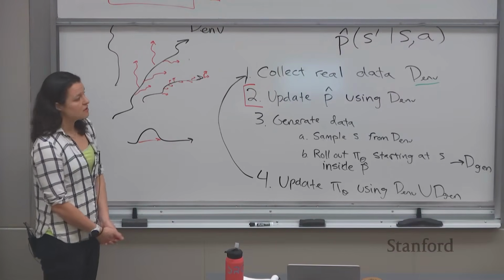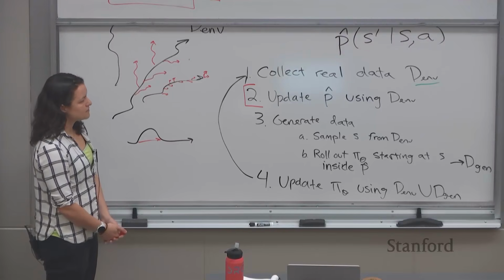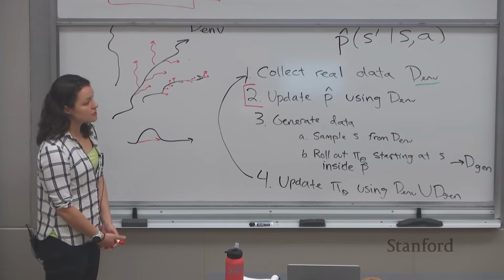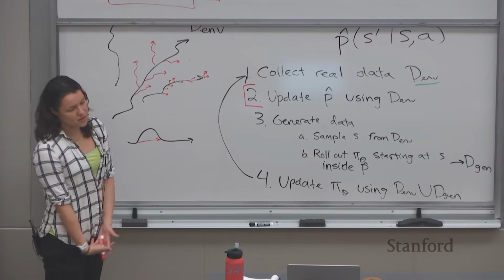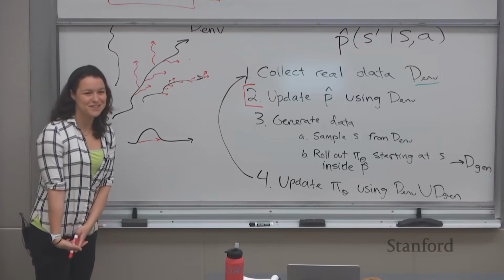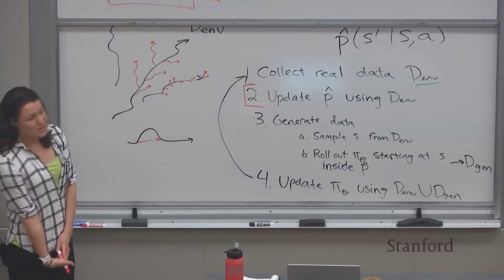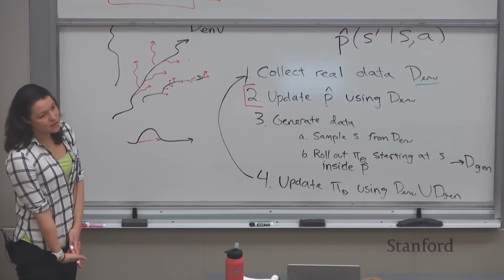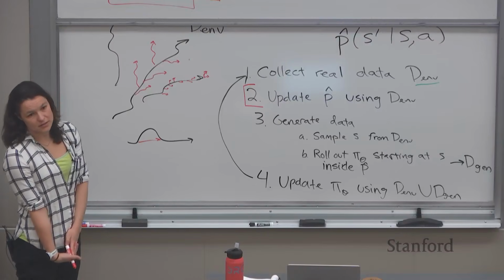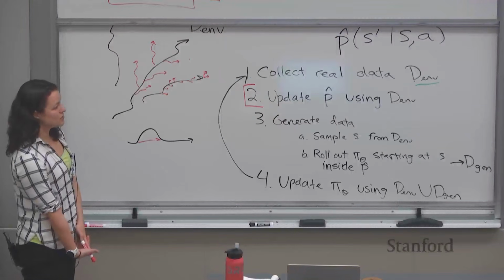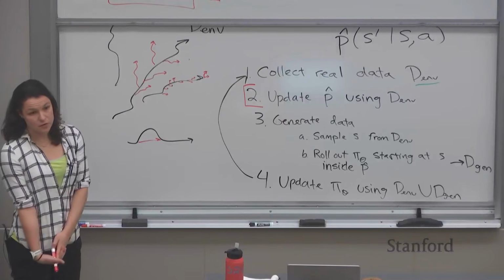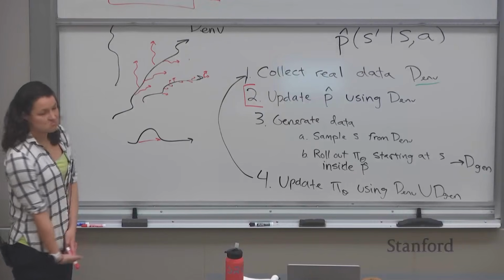So even if you have a lot more data for learning the model, you could end up in a scenario where the model is less accurate than the estimated reward. But you can definitely also end up with scenarios where the reward is less accurate and you need to specifically gather data for that.